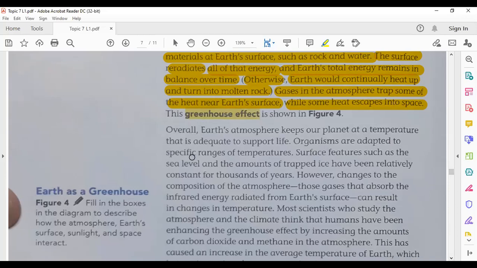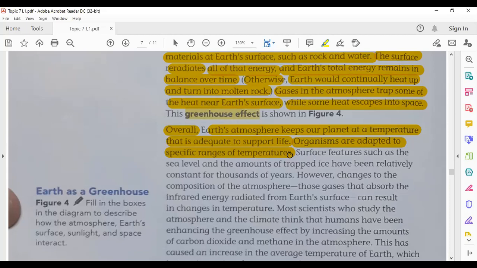Overall, Earth's atmosphere keeps our planet at a temperature that is adequate to support life. Organisms are adapted to specific ranges of temperatures. The polar bear, for example, is adapted to very cold temperatures.